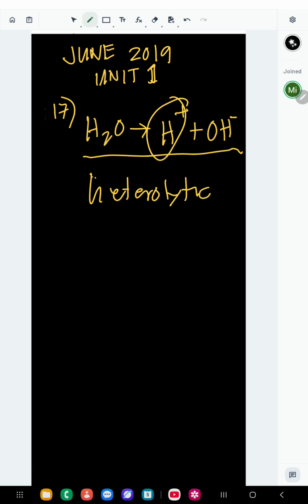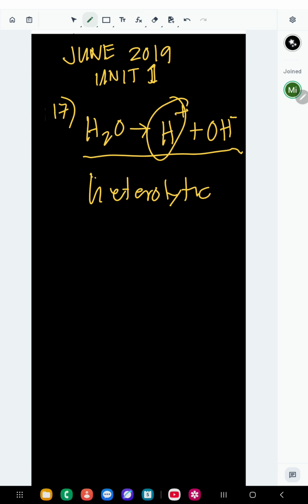And the third one is homolytic, which means that the electrons split evenly, forming radicals. But in this case, for the water dissociation, there aren't any radicals formed. In letter D, ionic, this one is a non bond breaking process. Ionic describes the product type.